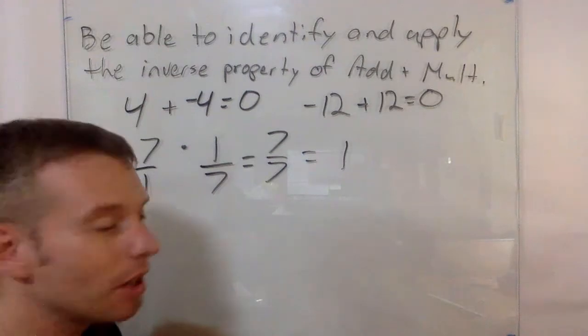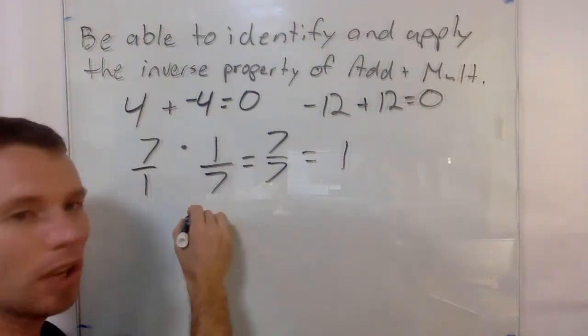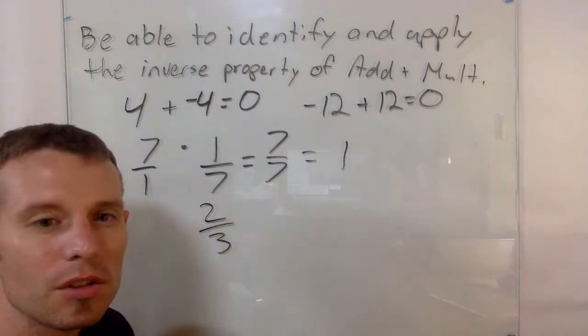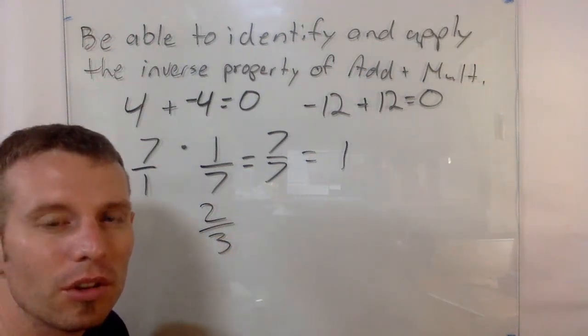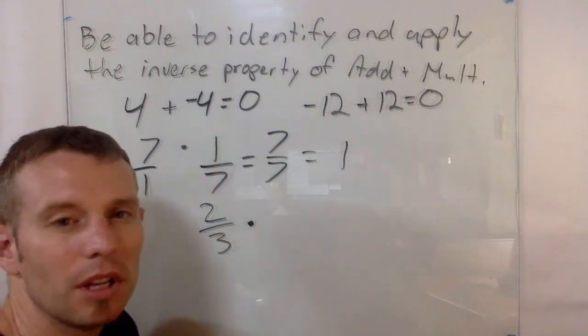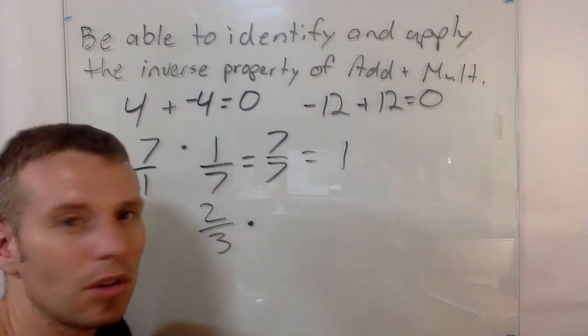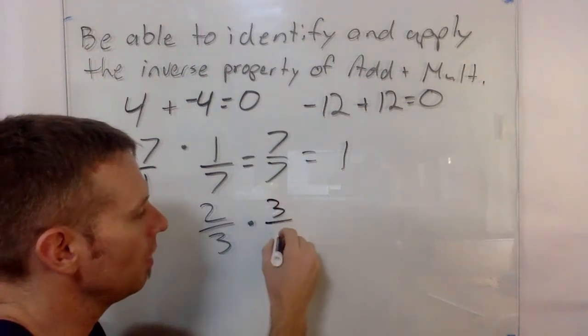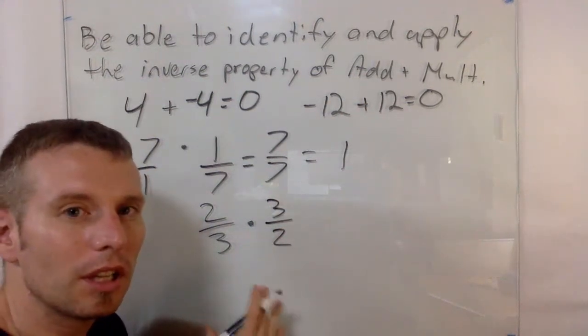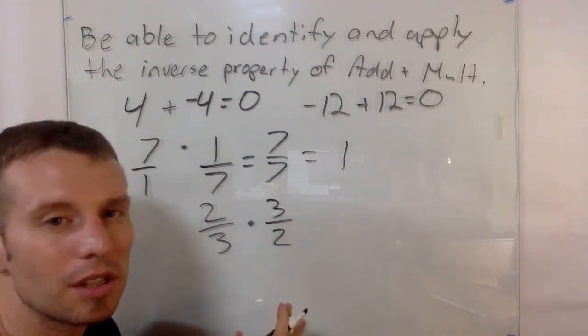You can do this with fractions. If you have the fraction 2/3, what can you multiply times 2/3 to get 1? Well, you can multiply it times the reciprocal, which is 3 over 2. You want to be careful, okay? You're not multiplying times negative in this case.